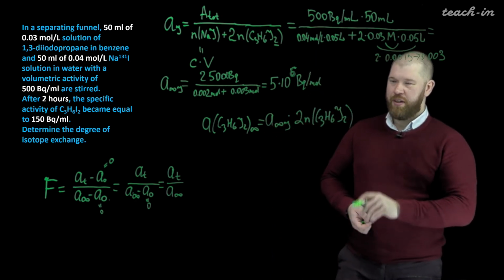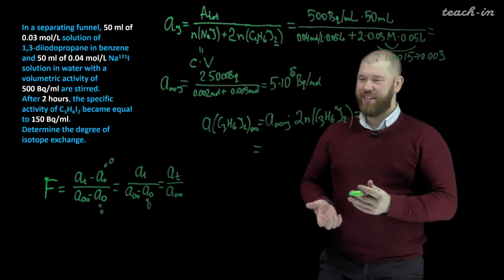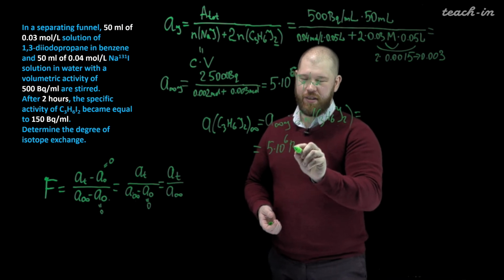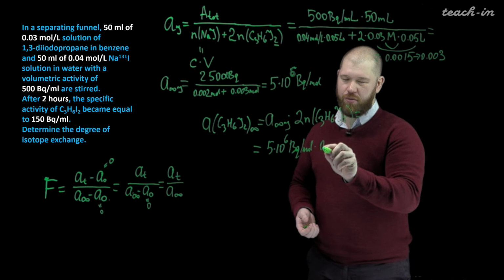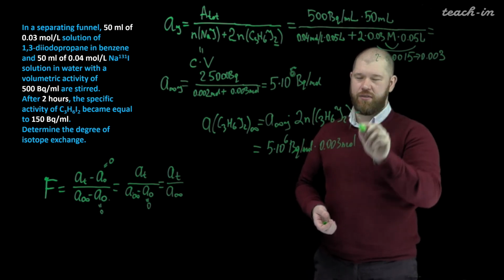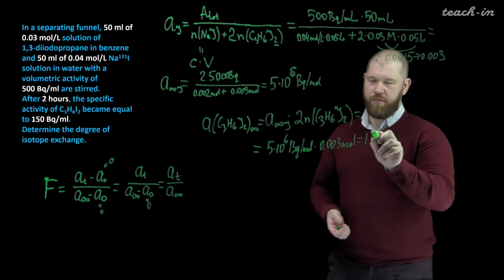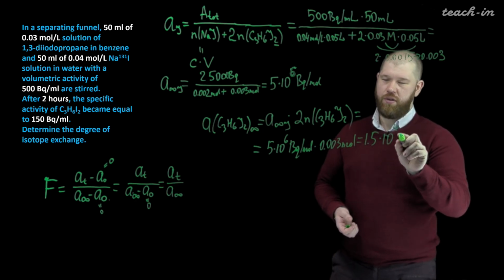Yes. So now this activity will be 5 10 to 6 becquerels per mole, multiplied by 0.003 mole. So we already calculated this value. So it will be 1.5 10 to 4 becquerel.